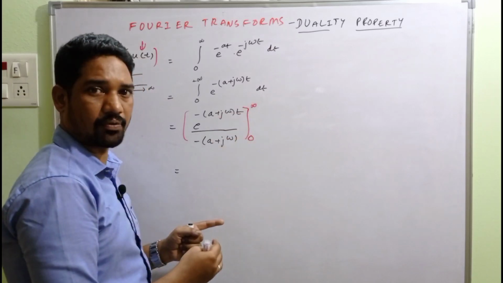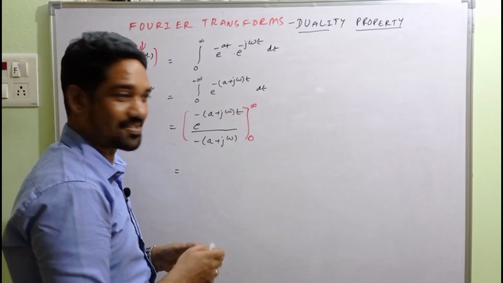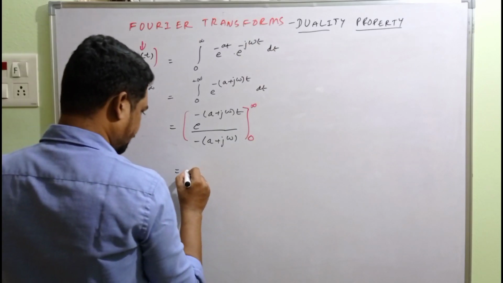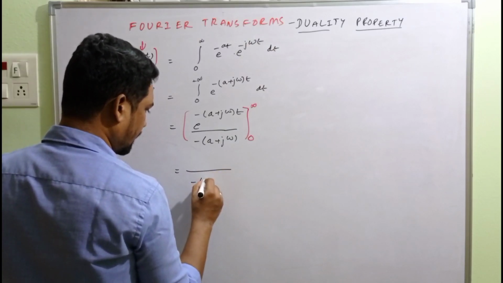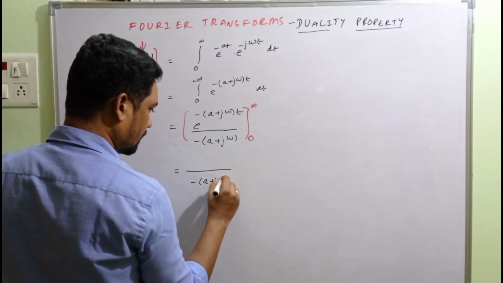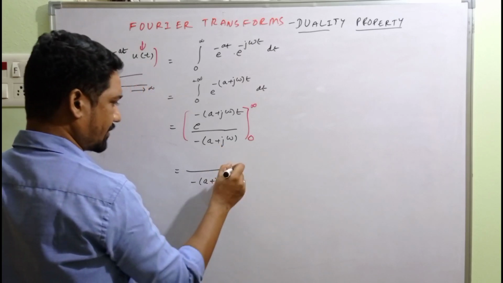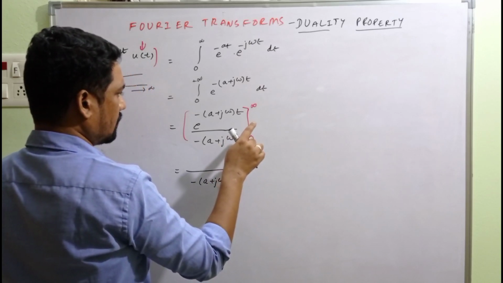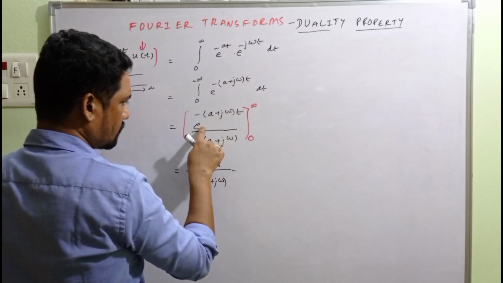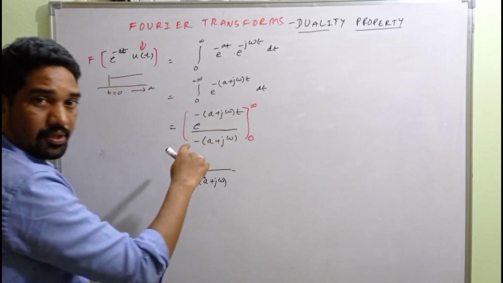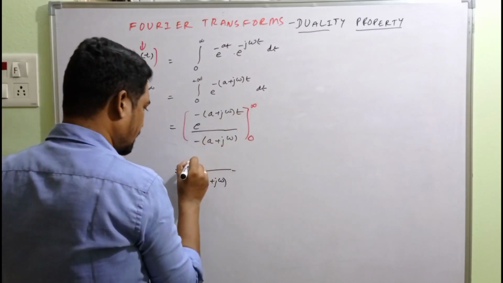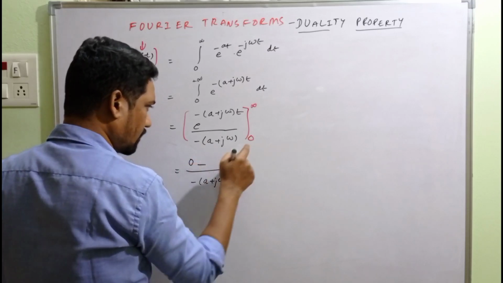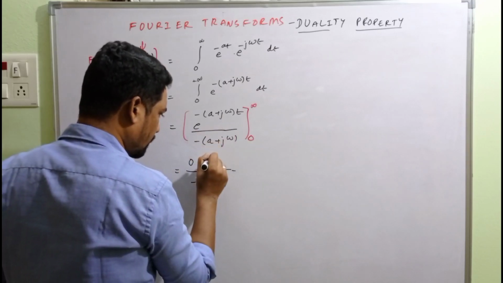Why can we, how can I neglect that? I cannot, isn't it? So here, minus of a plus j omega in the denominator as it is, plugging in the upper limit e raised to minus infinity, that will give us 0, minus the lower limit e raised to 0, that will be 1.